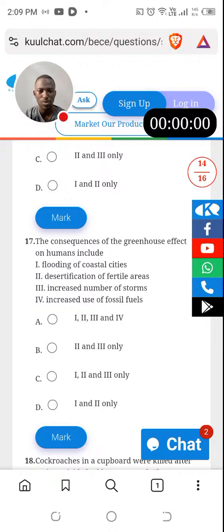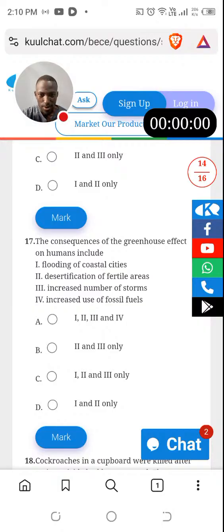Increases of fossil fuel, no way. So flood is true. Desertification of fertile areas, global warming, greenhouse effects, it's also true. Then increased number of storms as an effect. Storm.